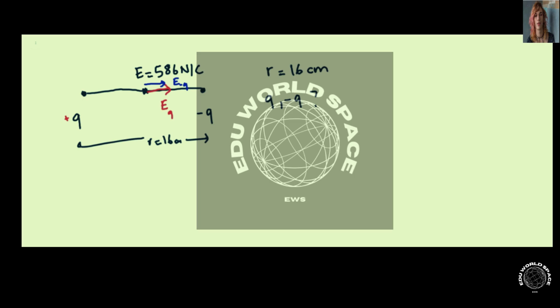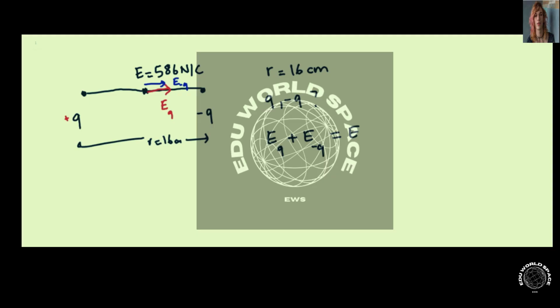As you can see, these two electric fields, let me write down E positive Q plus E negative Q, are in the same direction, which means the total electric field is also in the positive x direction. So we can simply add the magnitudes. Don't worry about the vectorial addition now. So E_Q plus E_negative Q equals the total electric field.